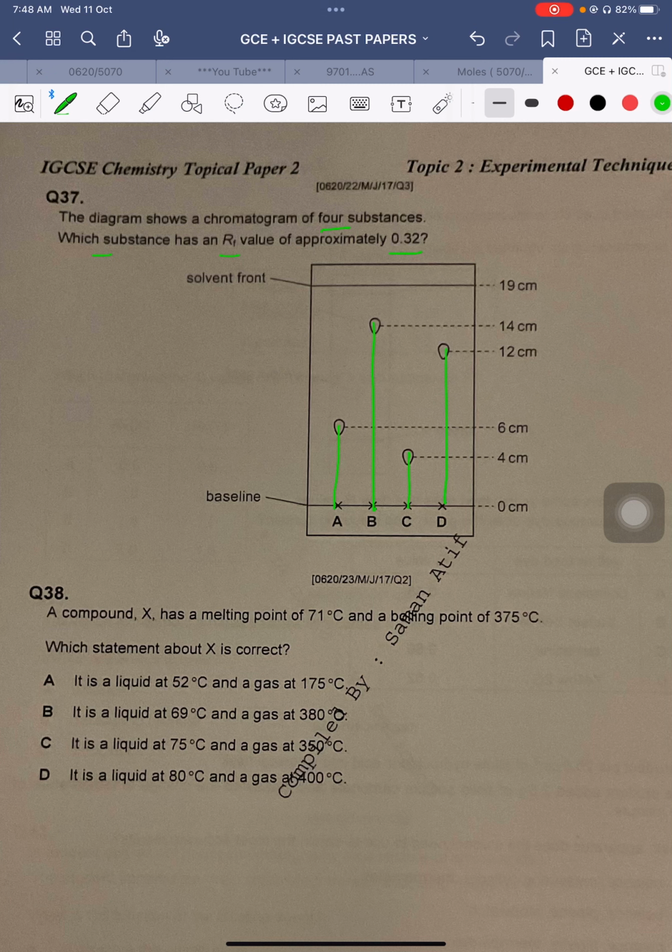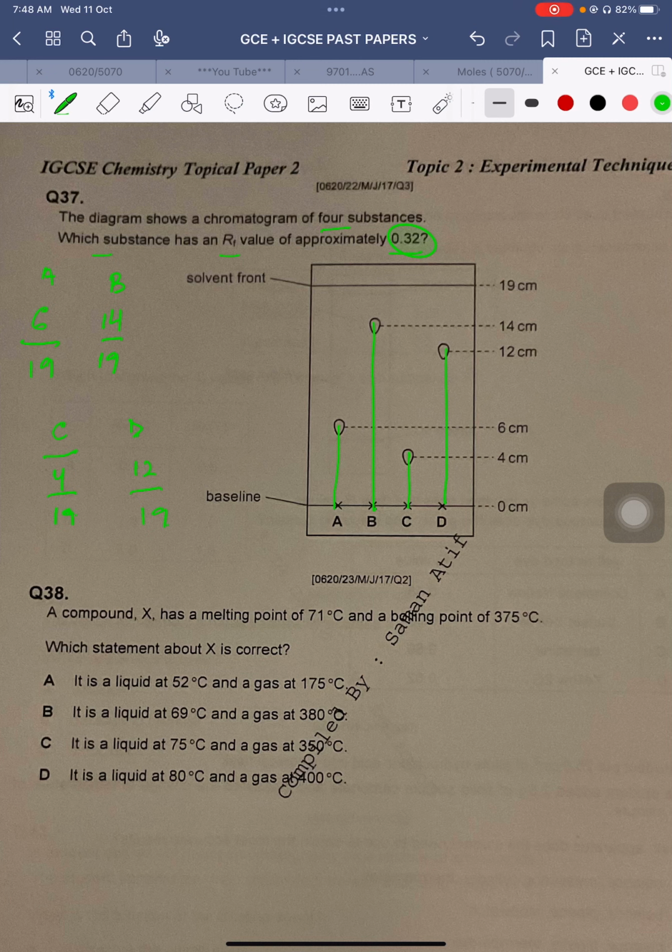Rather luckily we have the distances, so for A it will be 6 divided by 19, for B it will be 14 divided by 19, for C it is 4 divided by 19, whereas for D it is 12 divided by 19. In all cases, we have to look for which is giving you 0.32.